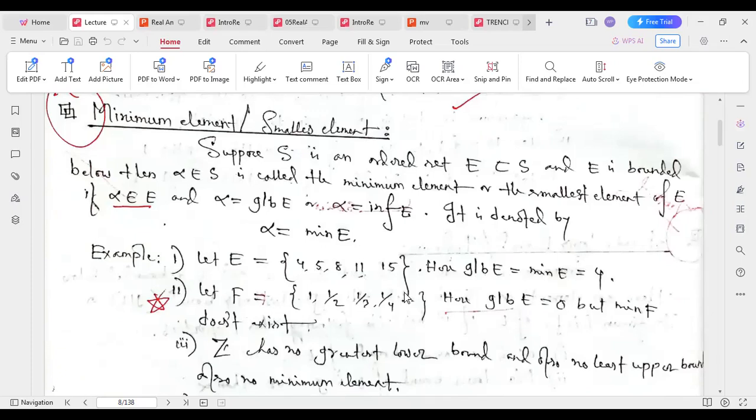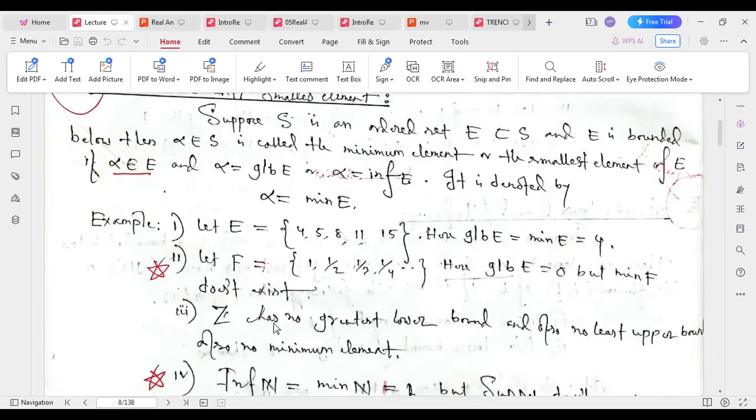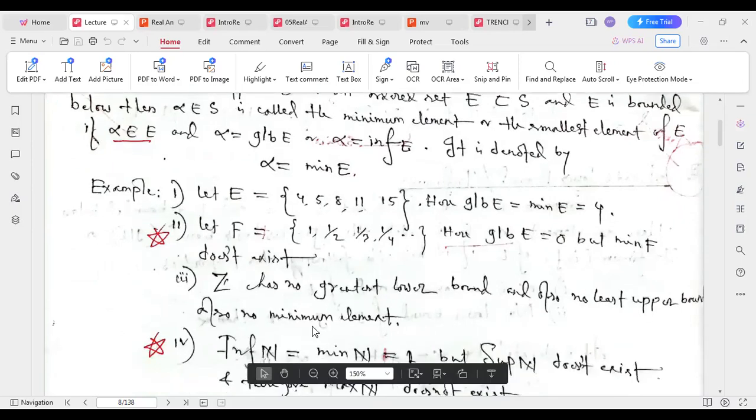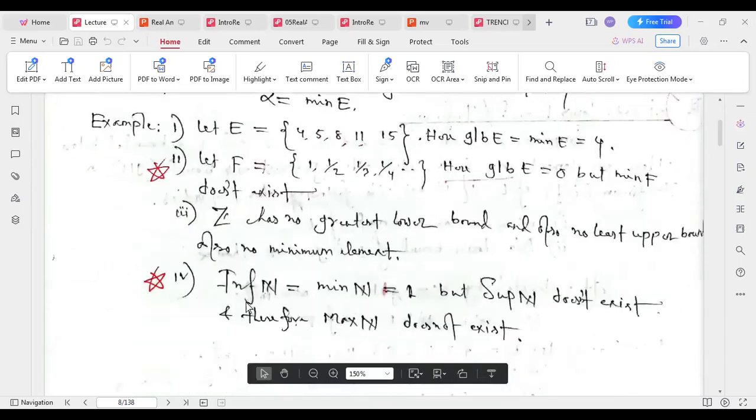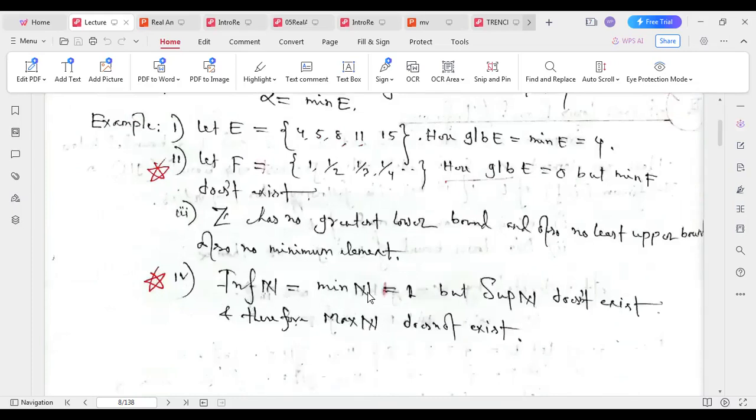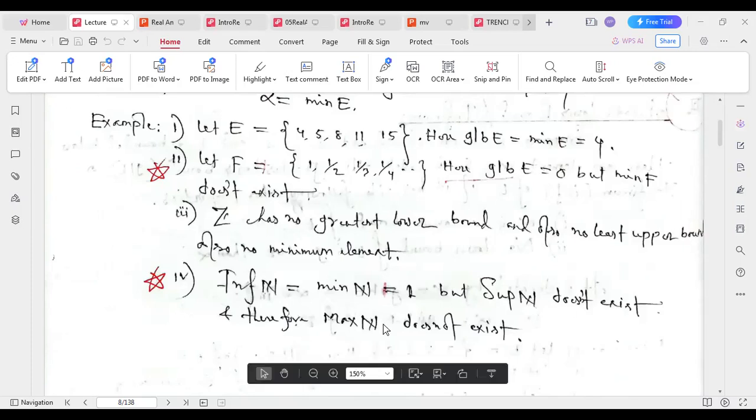Similarly, for the set F, we observe that the greatest lower bound is actually 0, but the minimum of F does not exist. The integers have no greatest lower bound, no least upper bound, and no minimum element. The infimum of the natural numbers equals the minimum element of the natural numbers, which is 1, but the supremum of the natural numbers does not exist. Therefore, the maximum of the natural numbers does not exist.